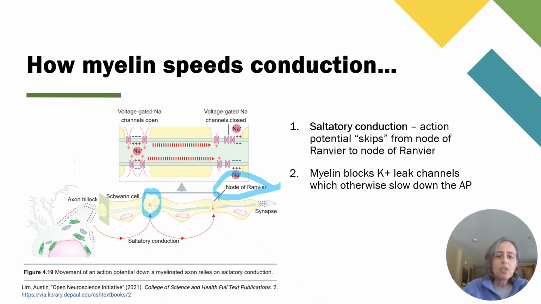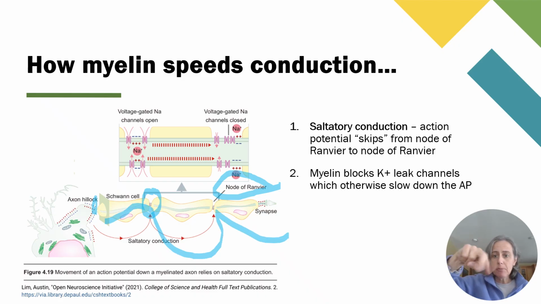And so what happens with saltatory conduction, which comes from saltare, the Italian or Latin for to jump, is that the signal basically just starts here and then it goes boom, boom, and it goes on down and just kind of skips down the axon rather than having to chug, chug, chug all the way down the axon. So that is one way that it speeds conduction.